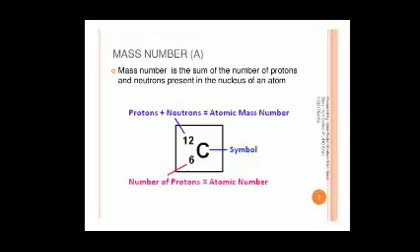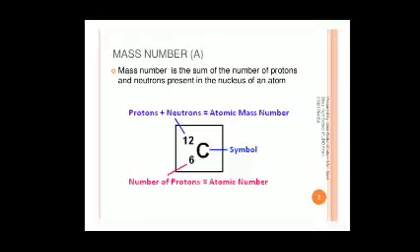Therefore, mass number A is equal to the number of protons, which is atomic number Z, plus the number of neutrons N. So A is equal to Z plus N, and the number of neutrons N is equal to A minus Z.